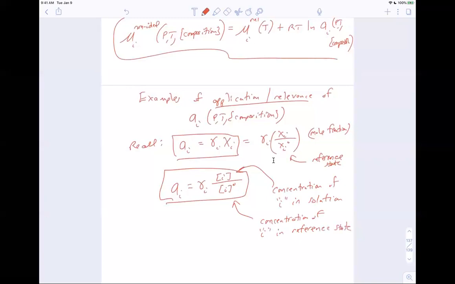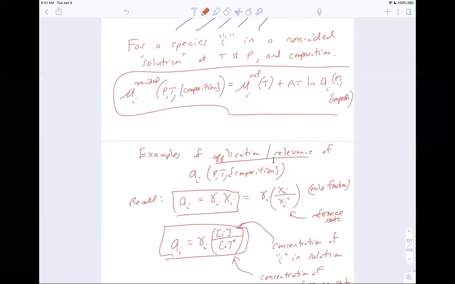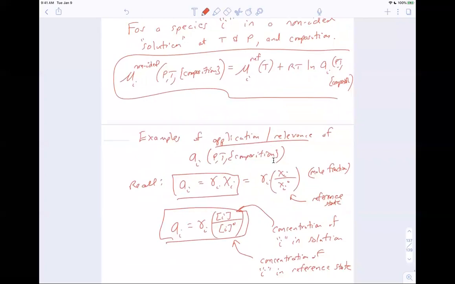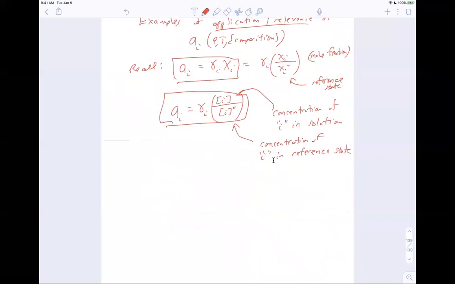It turns out that this product is dimensionless. Gamma i is dimensionless, so everything is dimensionless, and that's why you can take the natural log of A sub i.